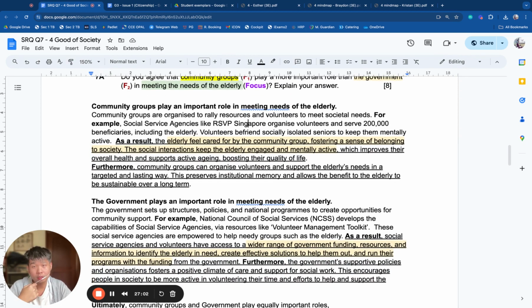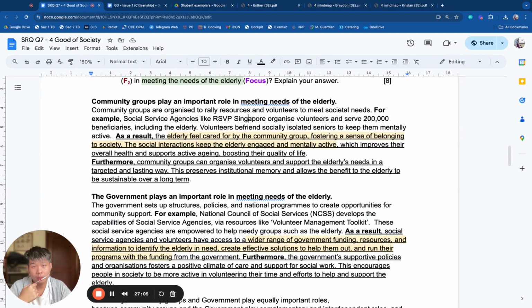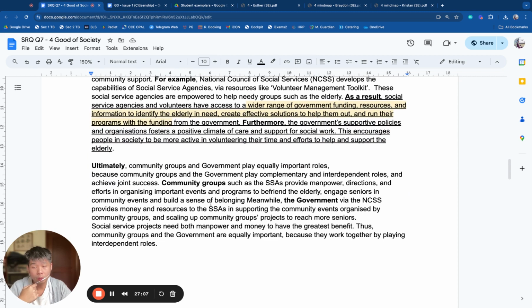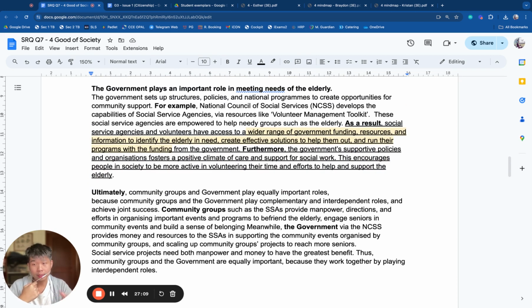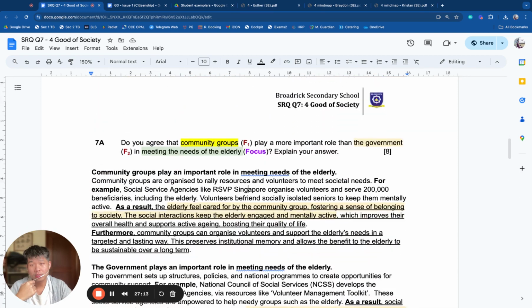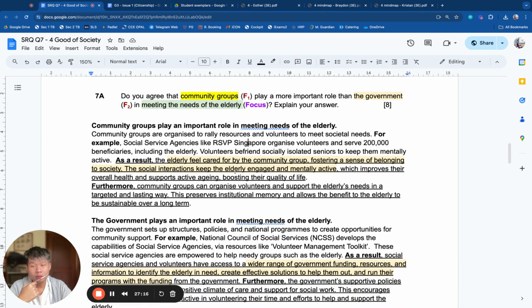So write this on foolscap: factor, P1, P2, and weighing. You can pause and then write these on foolscap. First, 7a, write the full 3-paragraph essay.